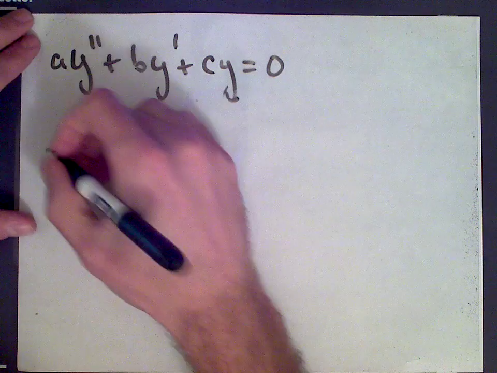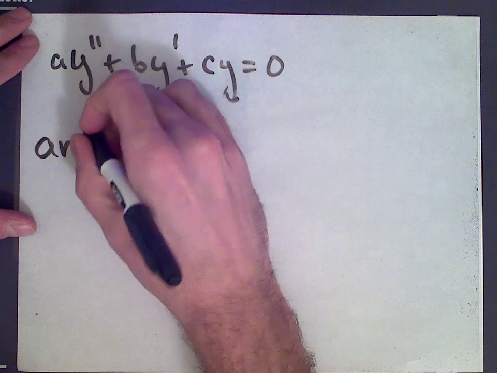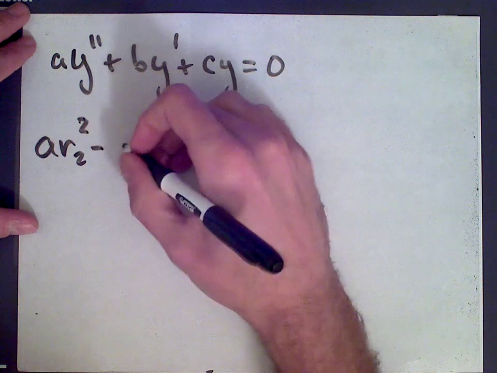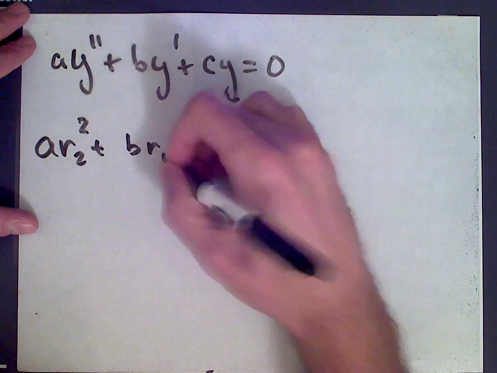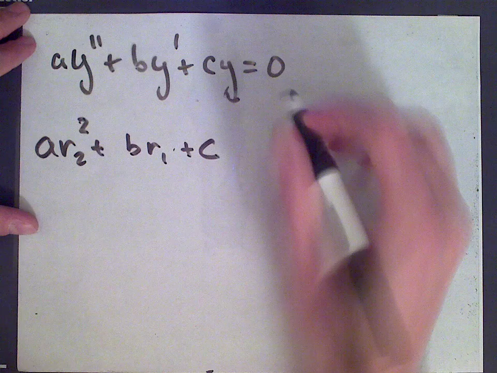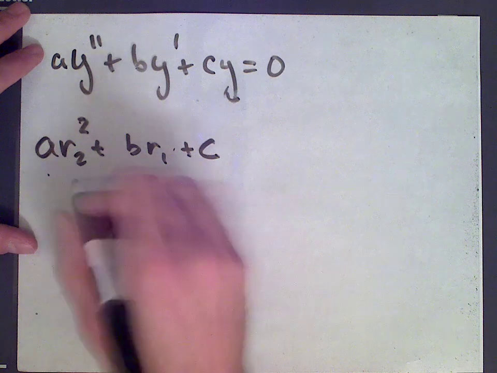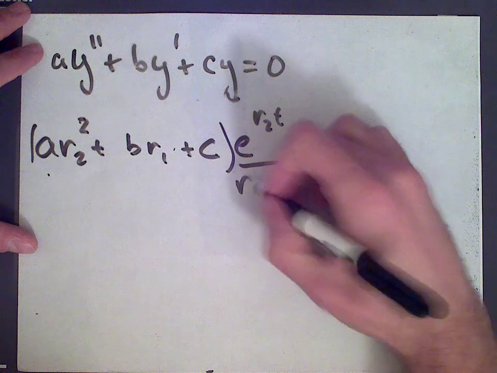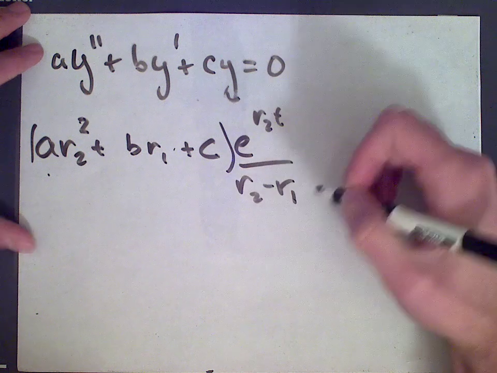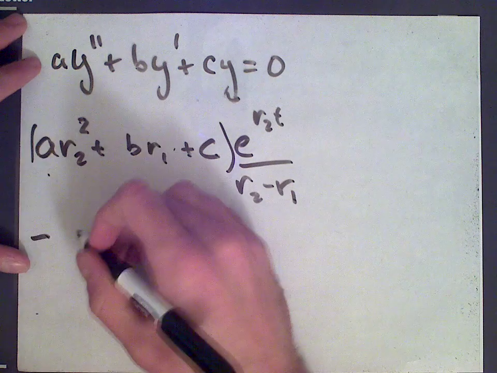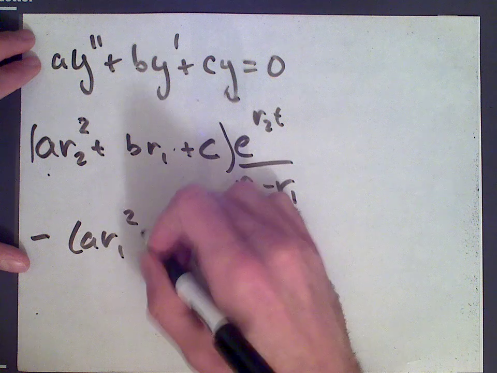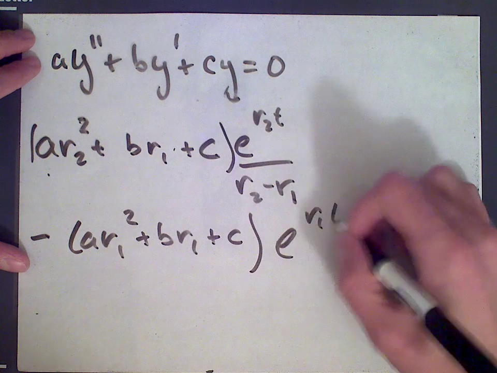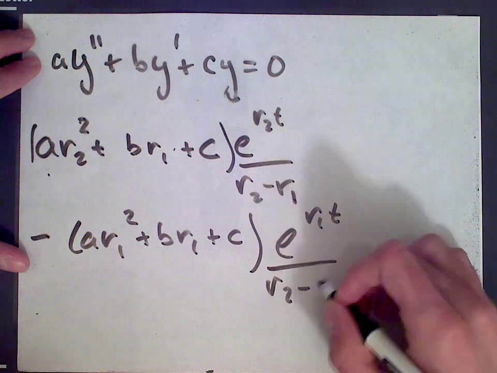We end up with a r2 squared plus b r2 plus c times e to the r2t divided by r2 minus r1, and then minus a r1 squared plus b r1 plus c times e to the r1t divided by r2 minus r1.